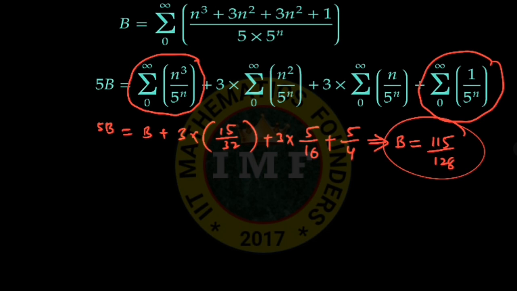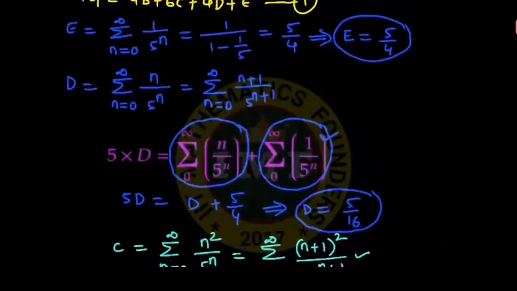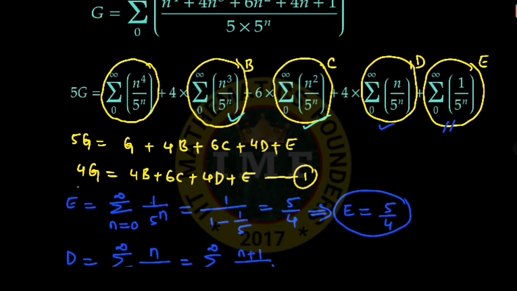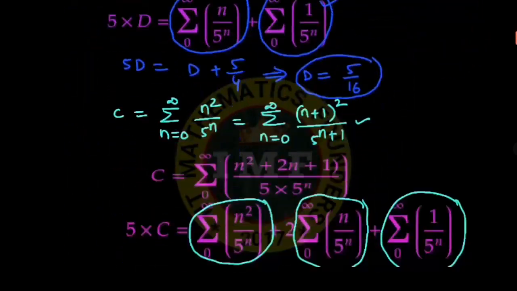Now you have the values of B, C, D, E, and let us take the first equation again. From 1 you can write 4G equals 4B plus 6C plus 4D plus E. Now let us substitute all the values we have.